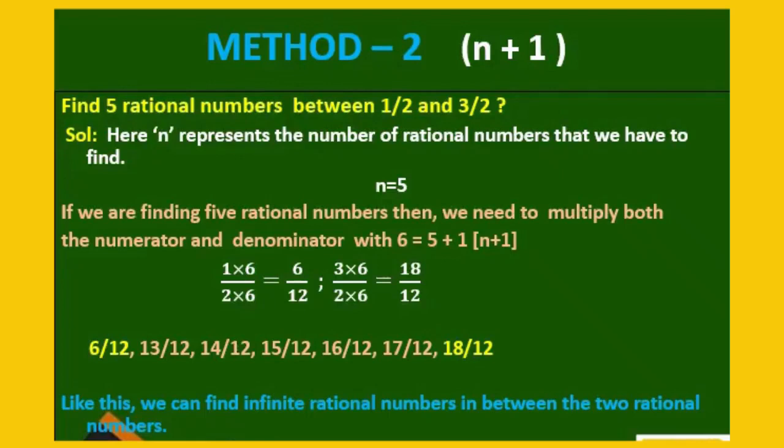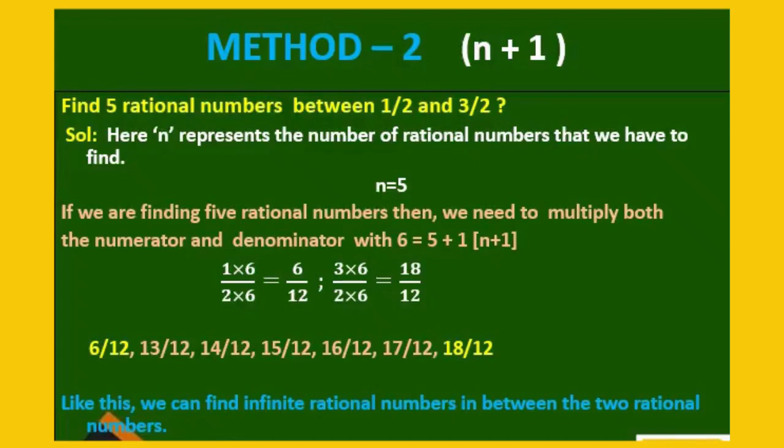So take the first rational number 1 by 2 and multiply the numerator and the denominator by 6. 1 into 6 by 2 into 6 is equal to 6 by 12. Similarly, 3 by 2 should be multiplied with 6. 3 into 6 by 2 into 6 is equal to 18 by 12.